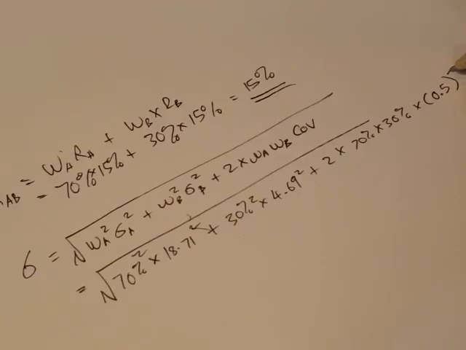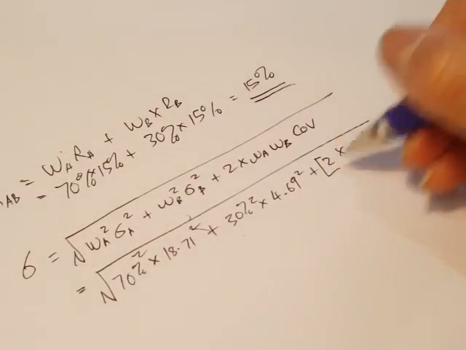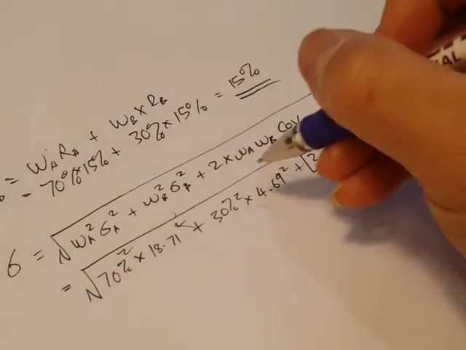So make sure this part becomes negative now because the covariance is -5.